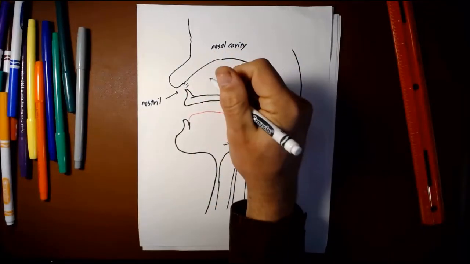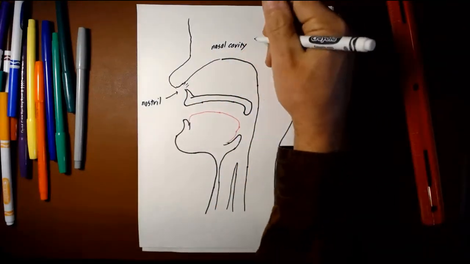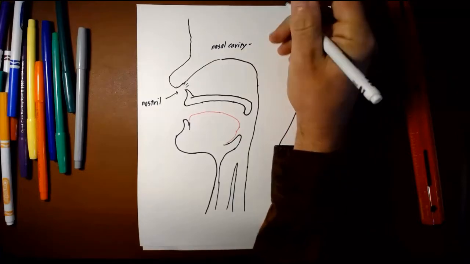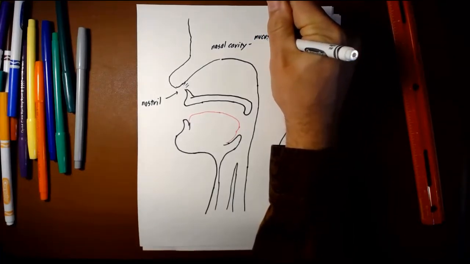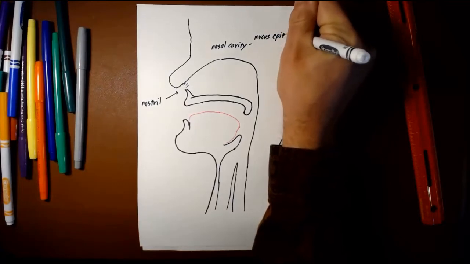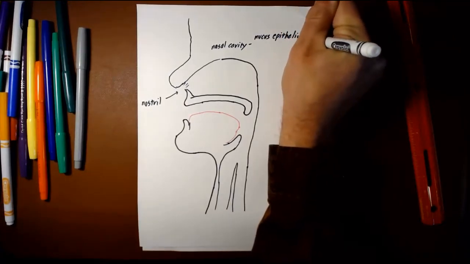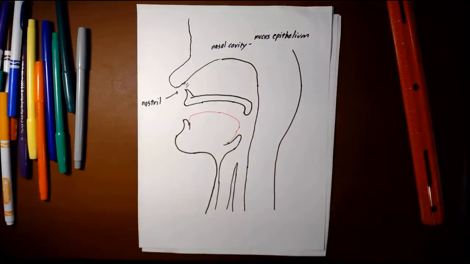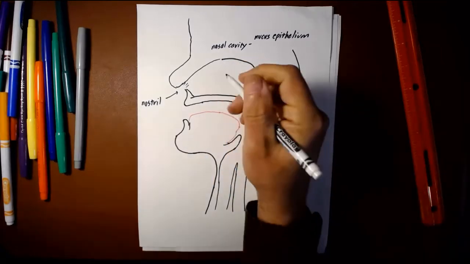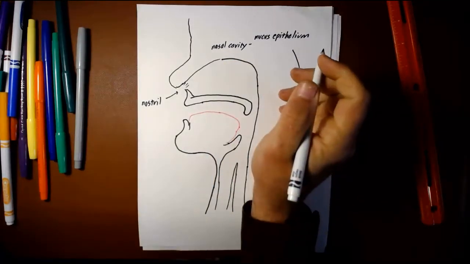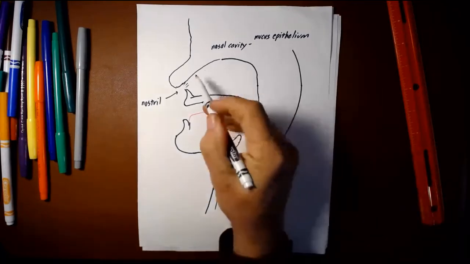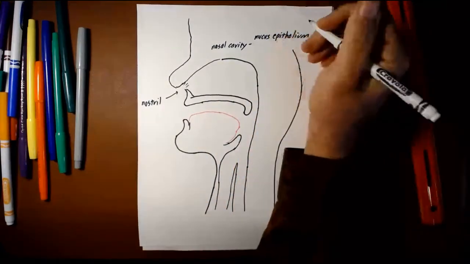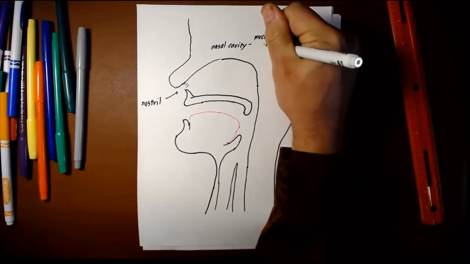Anyway, this nasal cavity is lined with a rich, well-vascularized mucus epithelium. That mucus epithelium is full of goblet cells, which secrete mucus into the nasal cavity. That mucus adds humidity.